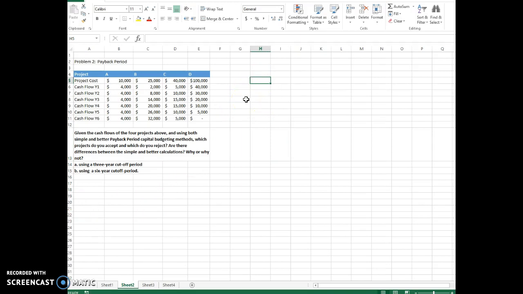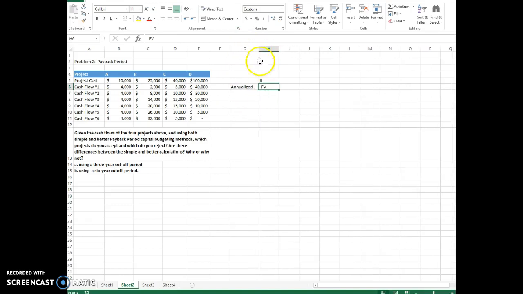So the initial investment, and we also need to figure out what the cash flow is, but we want to make sure that this is annualized. Okay? So make sure that we're calling this an annualized cash flow. And so for 3 years, what that means is we're going to look at the cash flows and we're going to divide it by 3.